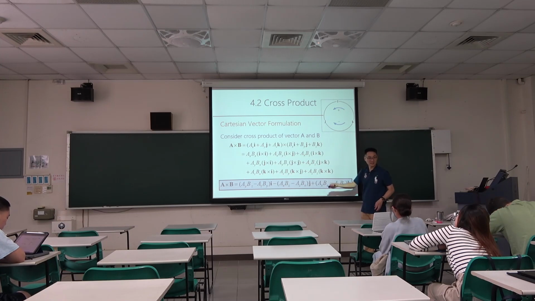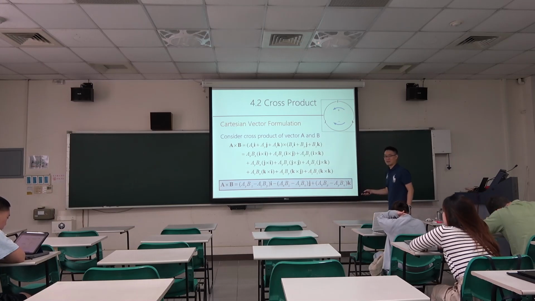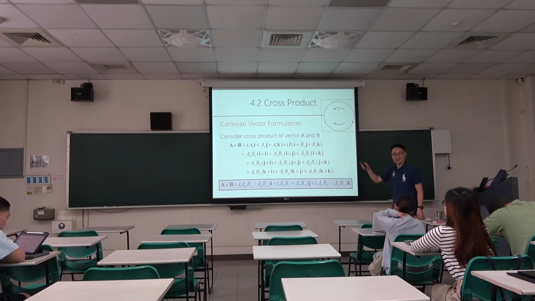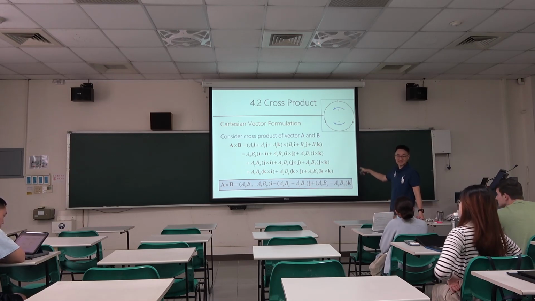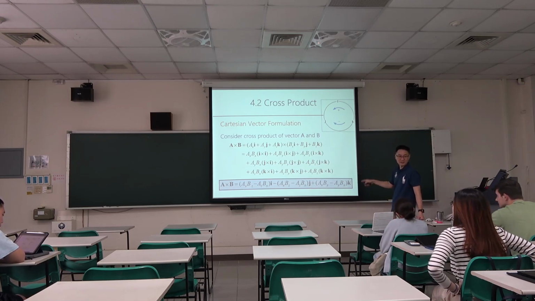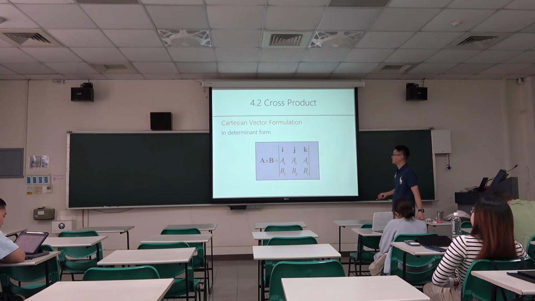Finally, we got this component. Not very easy to remember, but anyway, we try our best. Later on, we'll show you how to remember this kind of calculation more easily.